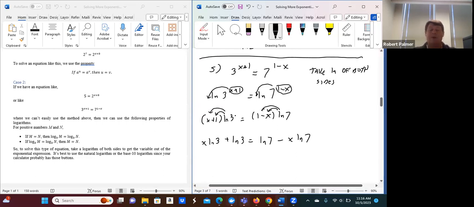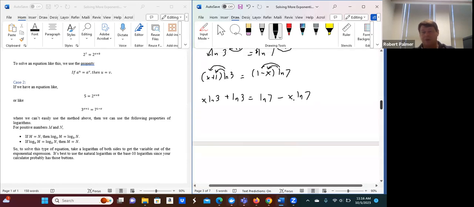Okay, now, you may be wondering why we did that. Well, this way we can get our terms involving x on one side and our terms involving just natural logs, or just constants, on the other side, the same way we do in solving any kind of equation. So it doesn't matter, but let's add this term to both sides. If I do that, I'm going to have x times the natural log of 3 plus x times the natural log of 7 plus the natural log of 3 is equal to the natural log of 7.